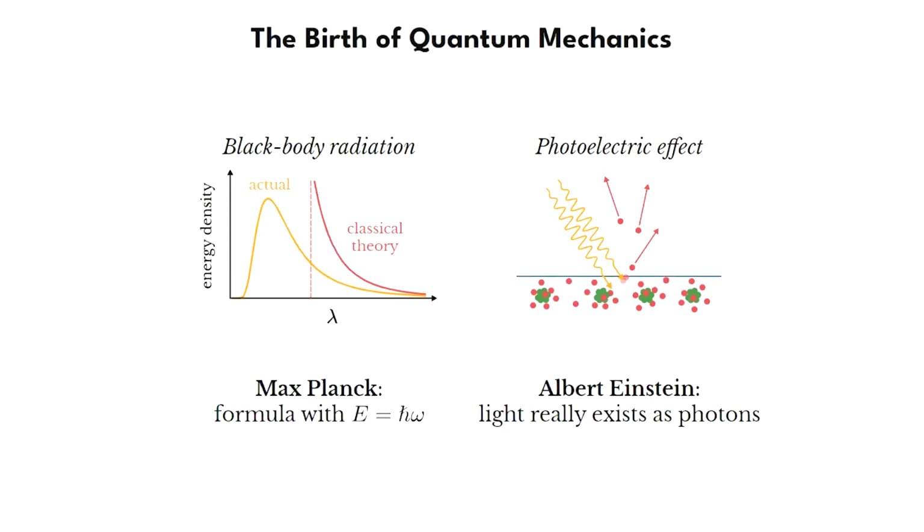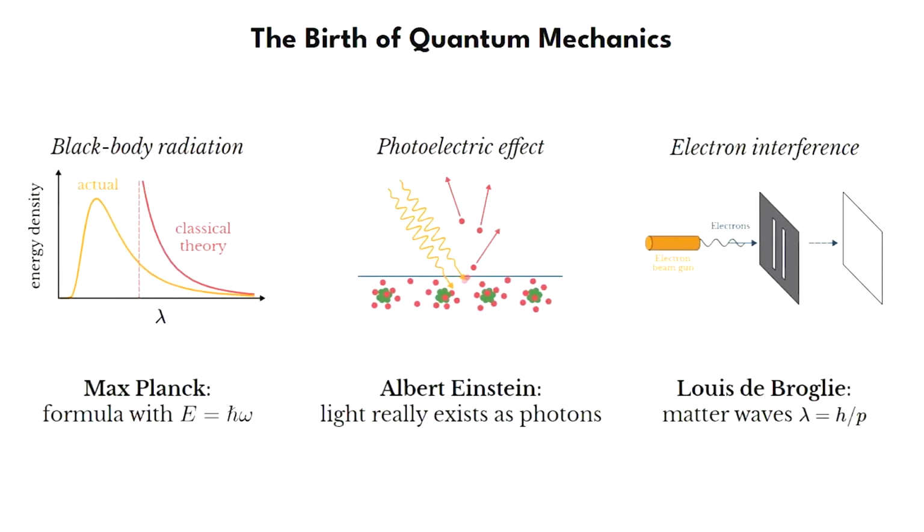And this gave birth to quantum mechanics. At this moment, people weren't sure that light is just a wave anymore, because it can also be a particle. As time went on, people also started to ask whether matter is a wave.